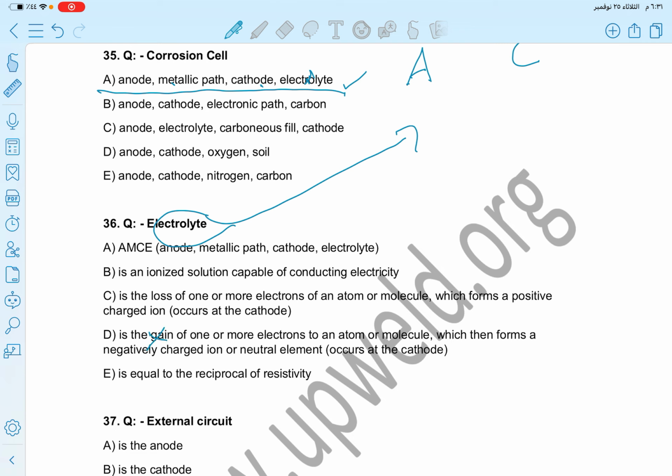No. Losing? No. Anode, cathode? No. Equal to the reciprocal of resistivity? No. So solution, ionized solution capable of conducting electricity. This is the correct answer, B.